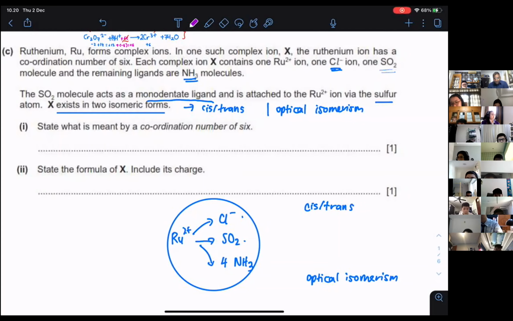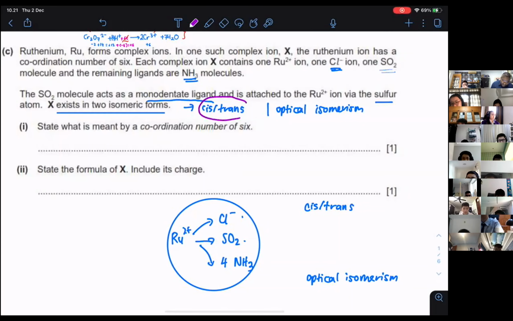I think so. Cis and trans. Okay, Giuliano also guesses cis and trans. Okay, the answer is going to be cis and trans.